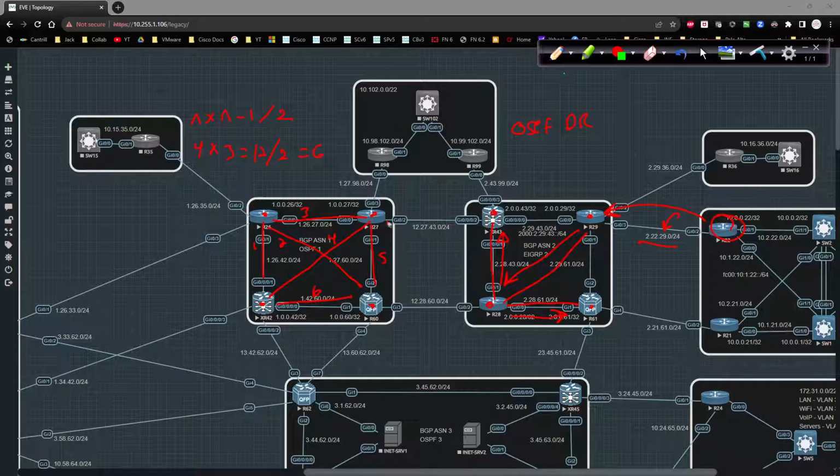Now let's assume that 27 is also peered to 43 via eBGP. Well, 43 would get that, and then he would advertise that to 27. 27, because he is fully meshed to all the other routers, 26, 42, and 60, they would also get the update from 27, and they'd be happy.